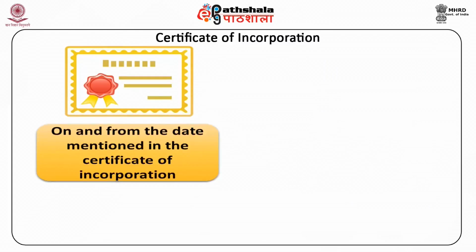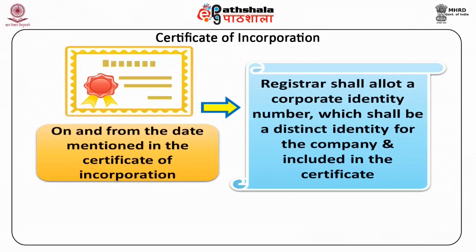On and from the date mentioned in the certificate of incorporation, the registrar shall allot to the company a corporate identity number which shall be a distinct identity for the company and which shall also be included in the certificate.